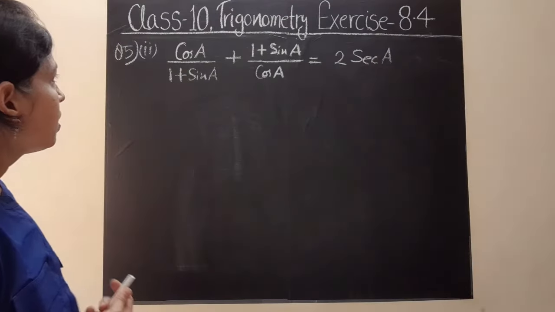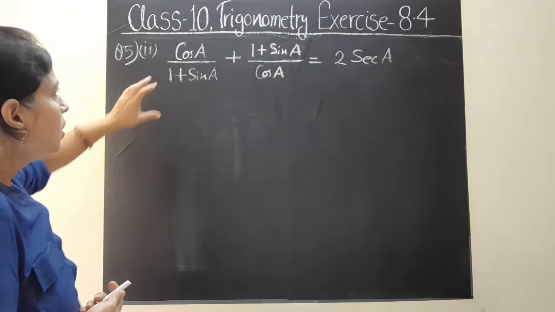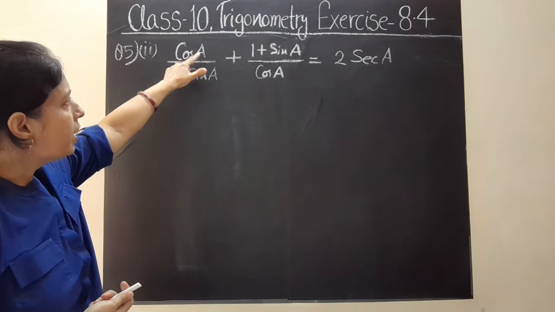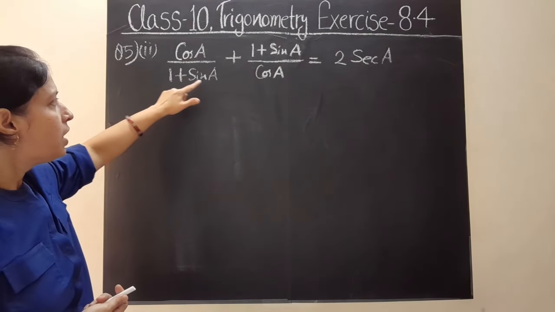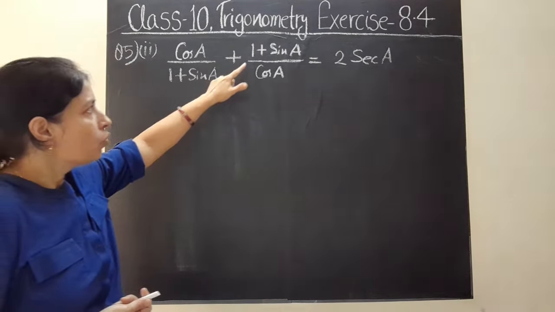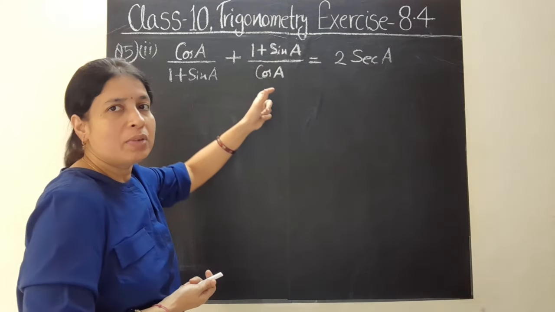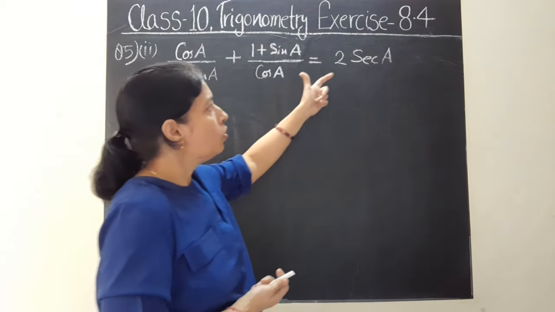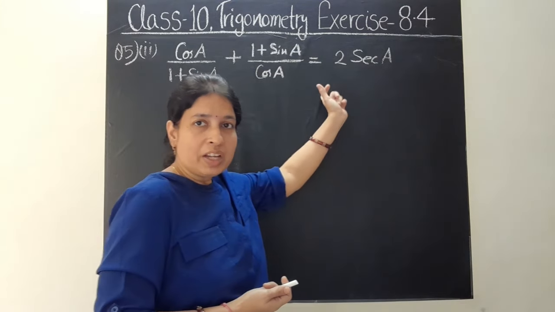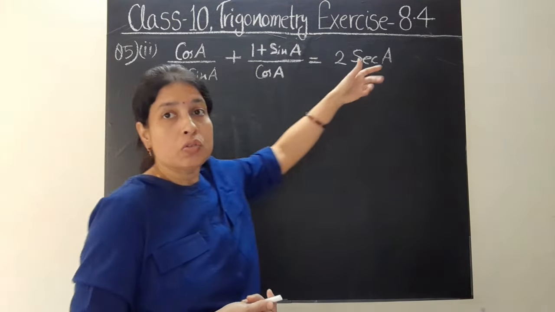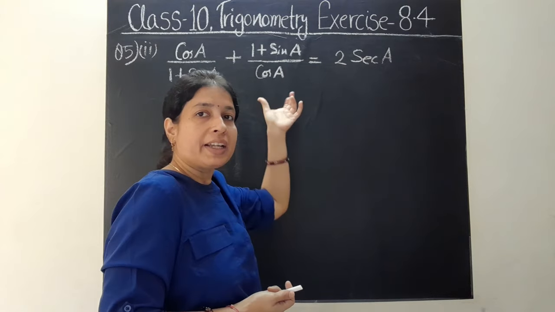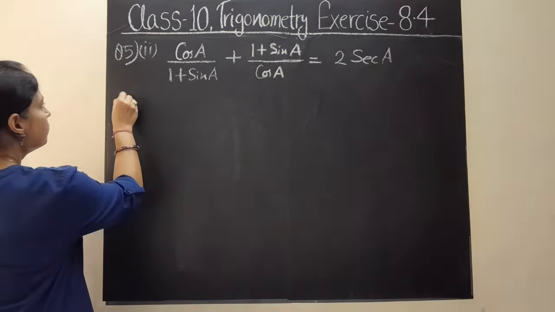So let us see the second part of question number 5. It is given cos A divided by 1 plus sin A plus 1 plus sin A divided by cos A is equal to 2 sec A. So we have to prove that this is equal to 2 sec A. So first we take LHS.